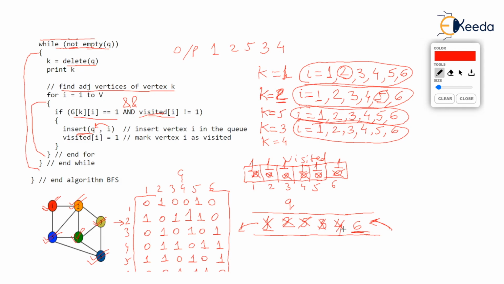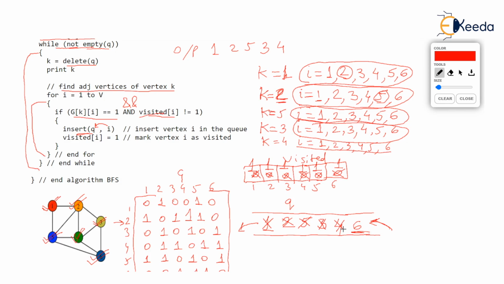And then we will start a loop to check the adjacent vertices of 4. But you will see as I goes from 1, 2, 3, 4, 5, 6, for none of these values of I will ever the if statement become true. Because either the vertices are not adjacent or vertex is already visited. So the loop again ends over here, isn't it? And we go back to while.